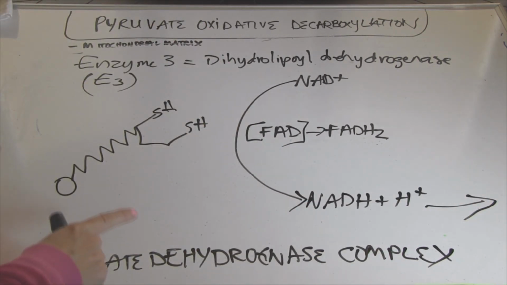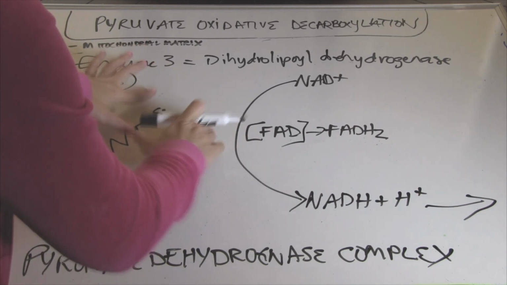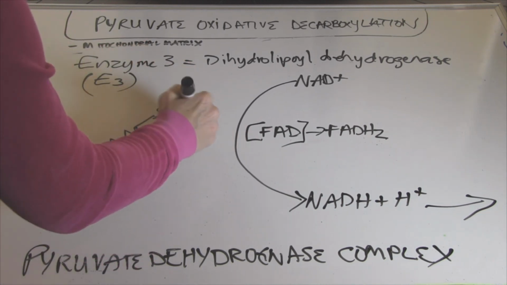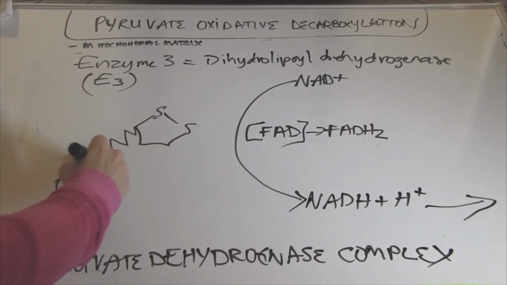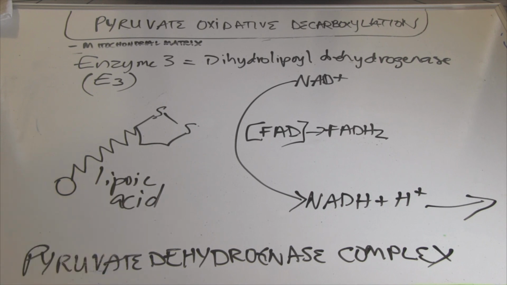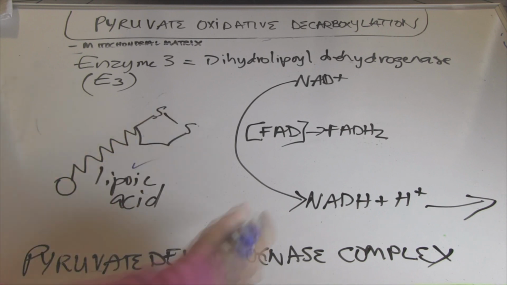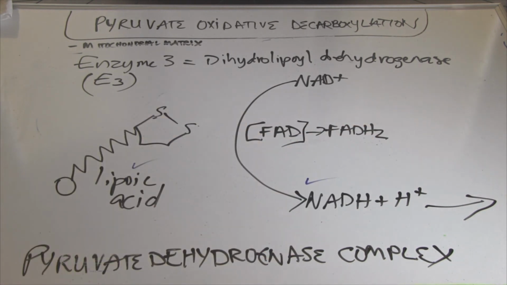So what we've done is oxidize the lipoic acid. So our products in this case would be an oxidized form of lipoic acid and a reduced form of our electron carrier, NAD.